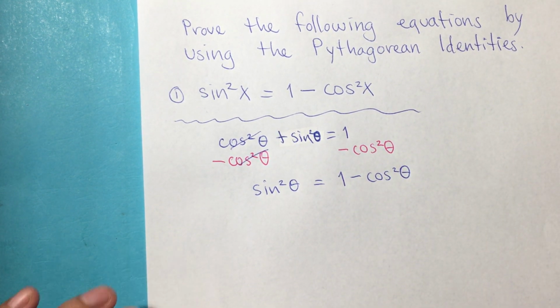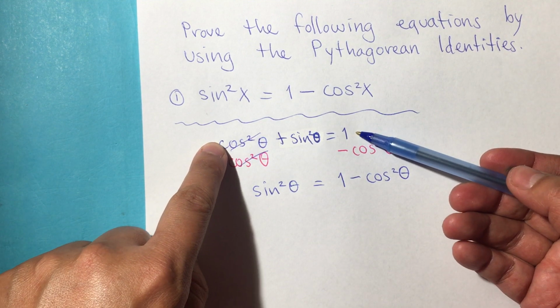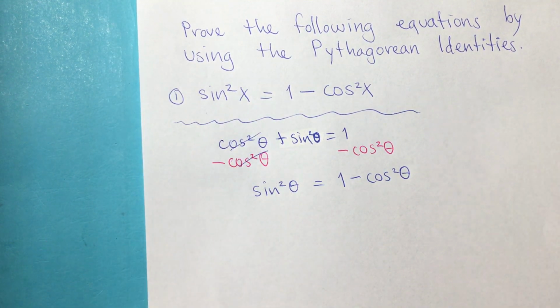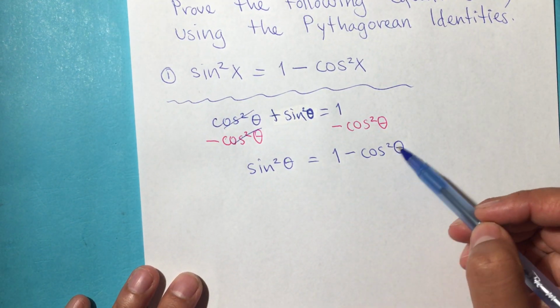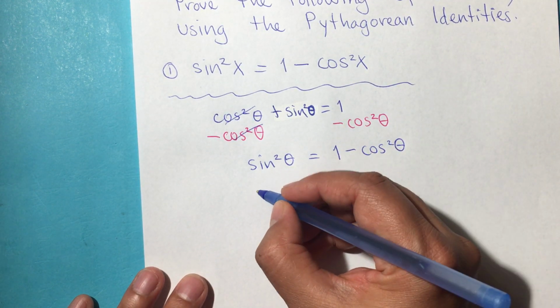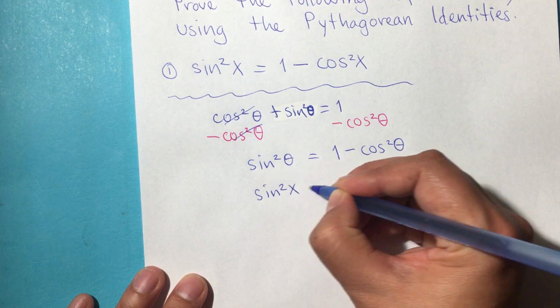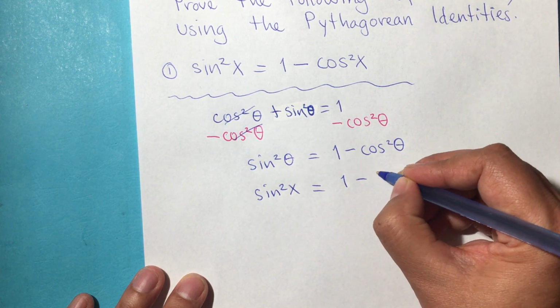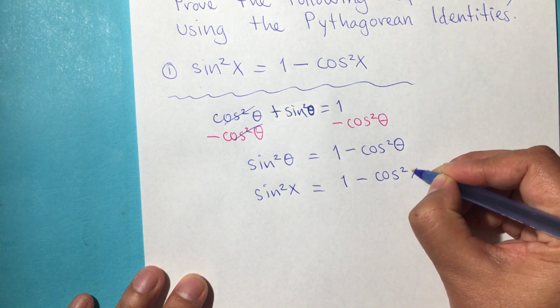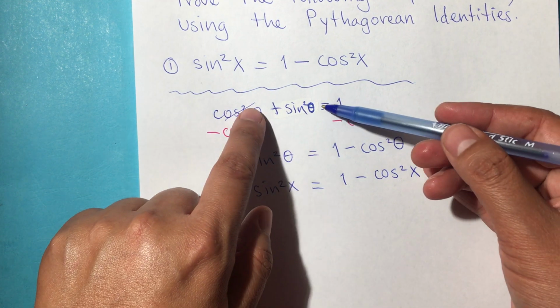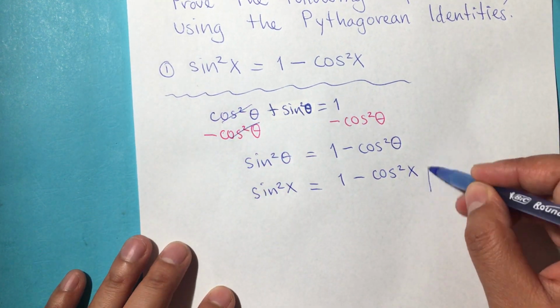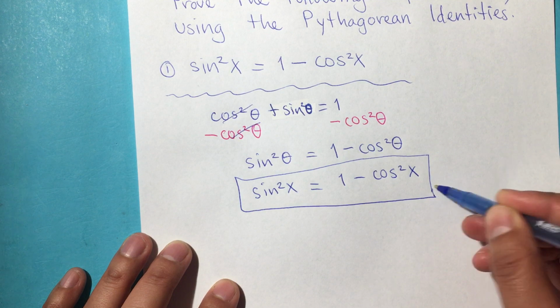Now the only difference in here is that I'm using theta in here, but what are they showing us? It doesn't matter if you replace, but you have to replace both. So it's going to be actually sine square of x equals 1 minus cosine square of x. And you can replace this from the very beginning or at the end, it doesn't matter. Maybe at the beginning would have been better.